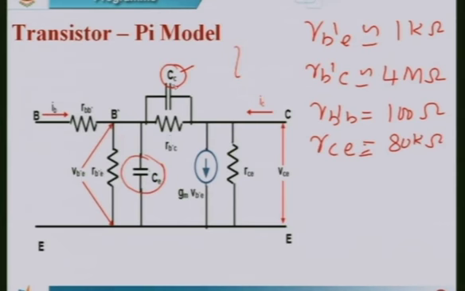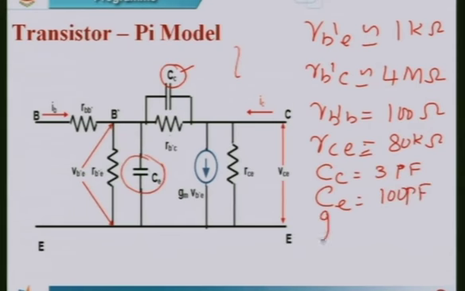And then the other two parameters are C_c, C_e and g_m, where C_c is the stray capacitance when the diode is reverse biased. This value is about 3 picofarad, a very low capacitance value, and C_e is the diffusion capacitance between the base and the emitter. This value is approximately equal to 100 pF.